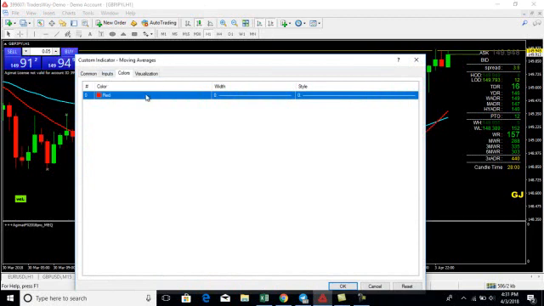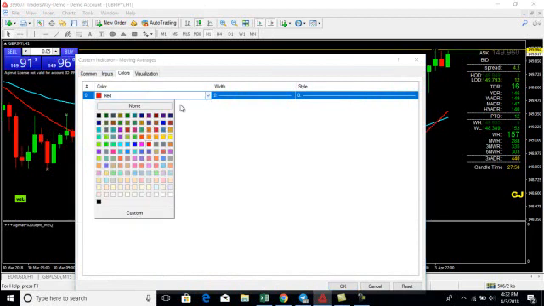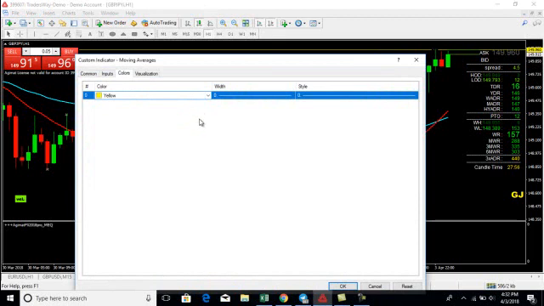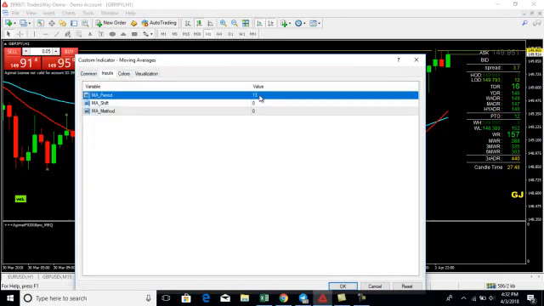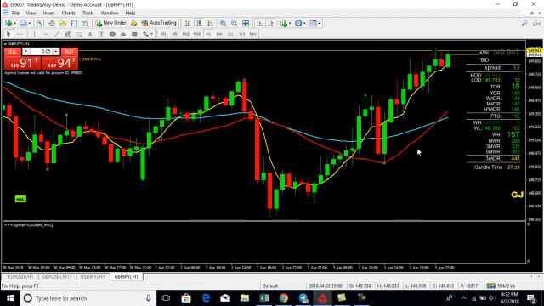We're going to make this color yellow, part of the TFU crossover, and of course give it a thickness of 2. We're going to make this input 5. So your yellow line is 5 and your red line is 21. So it will look like this.